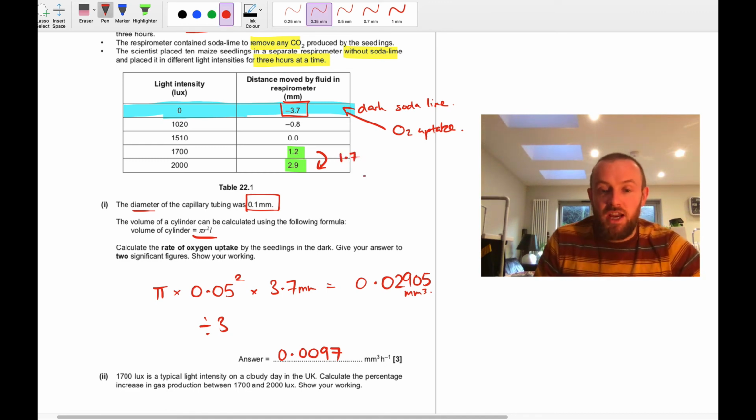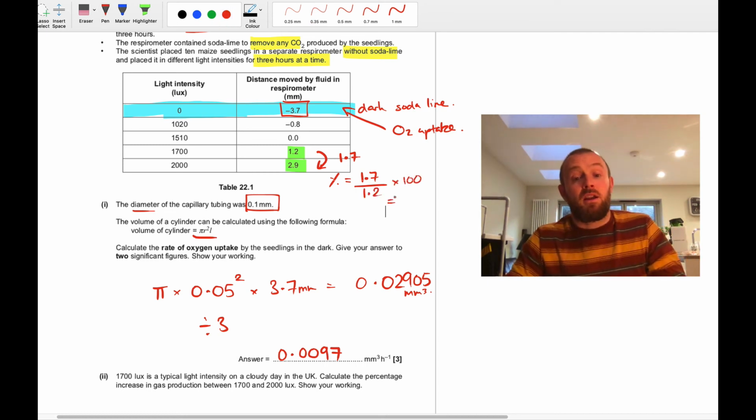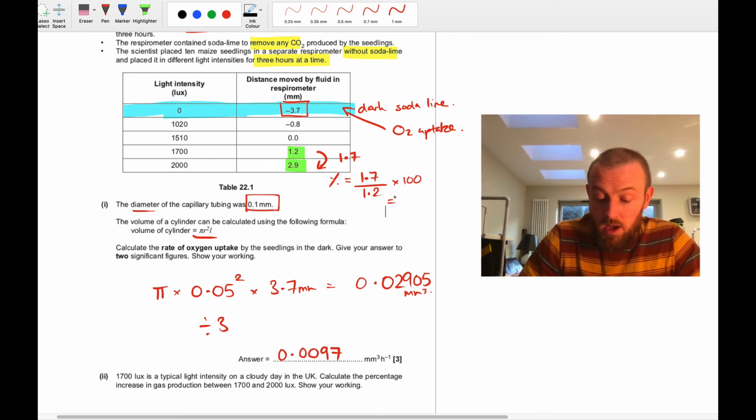So the percentage change is the 1.7 difference divided by the starting value, which is 1.2, times 100 to make it percent. So this is going to be a bigger number over 100%. 1.7 divided by 1.2 times 100 equals 142%.